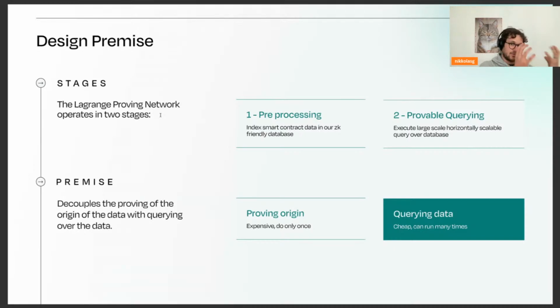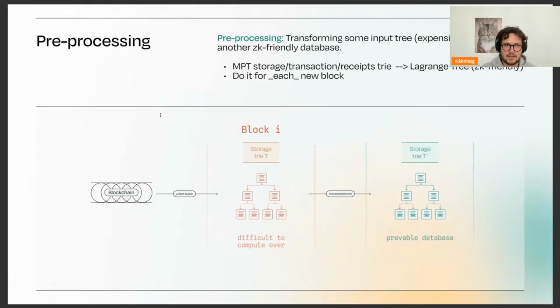In the processing phase, we prove that this value belongs to this contract at this block header for this block number, and we do it at every block and put it in our database. This is decoupled from the querying phase. It's really two separate steps, and this separation allows us to run many queries over the same data many times in a very cheap way. That's one important point. We're going to see more details down the line.